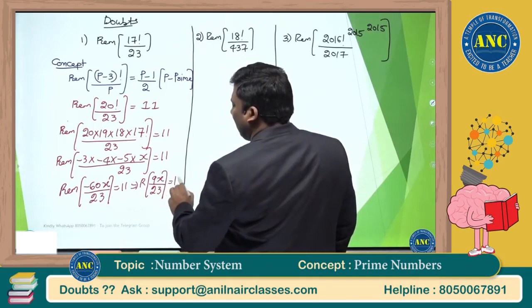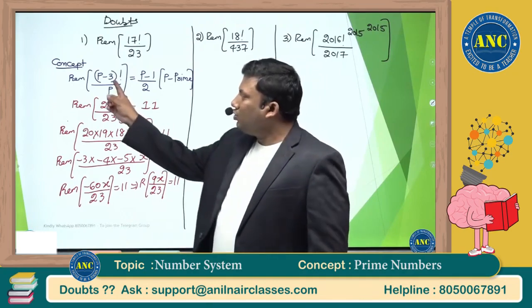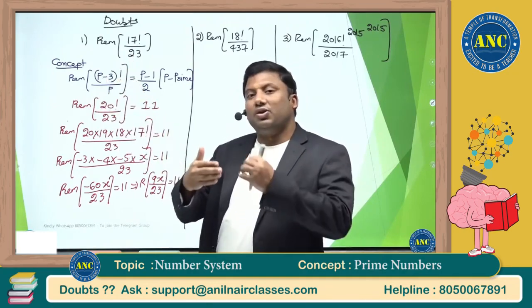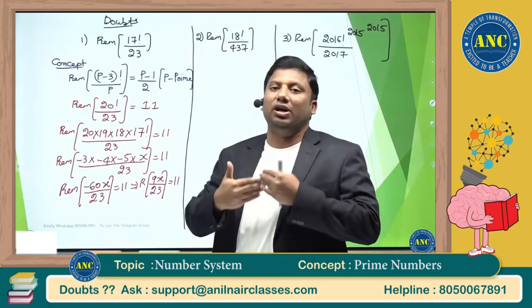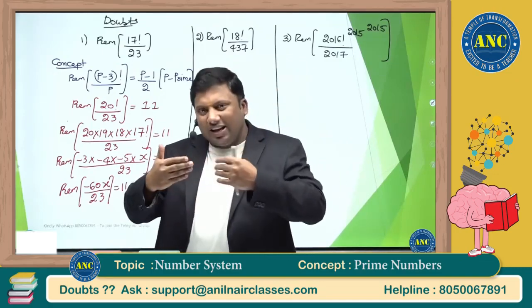The remainder is 11. Again I am repeating it. First I am using this concept, because if I go for 22 factorial, 21 factorial, 20 factorial, it might take a little more time.